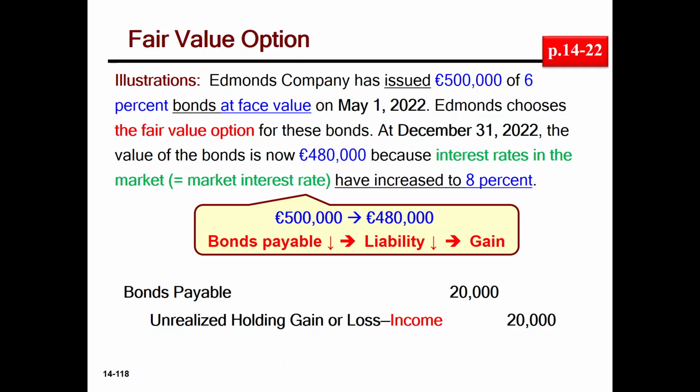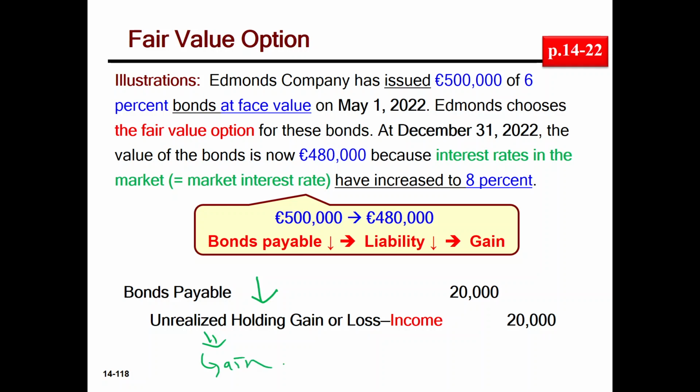Unrealized holding gain or loss, right? In this case it's your gain, and gain is revenue, so on the credit side, right? Okay. So the liability decreases, and you also got a gain. So what's the journal entry we use?